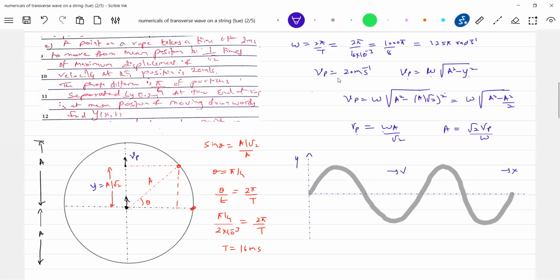Based on this, can we predict the direction in which the particles are moving? So they should be moving down. I think now we are in a far better position. We can directly say that the points on a rope, they are moving.